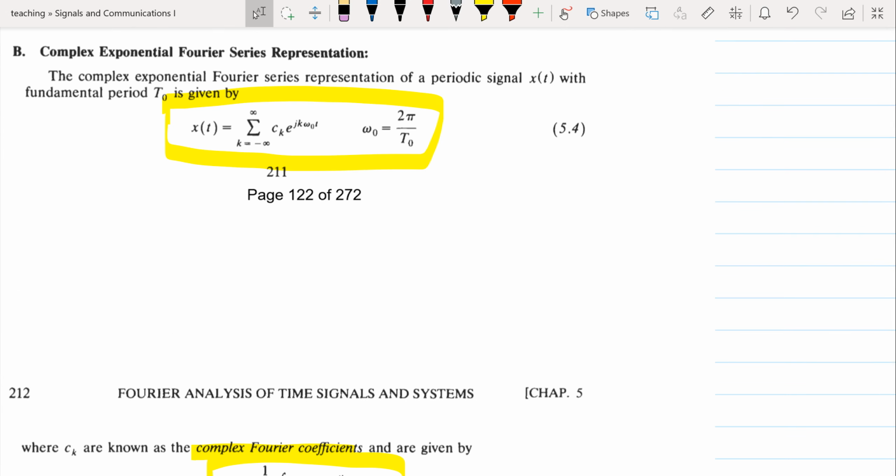And now we delve into the Fourier series representation.